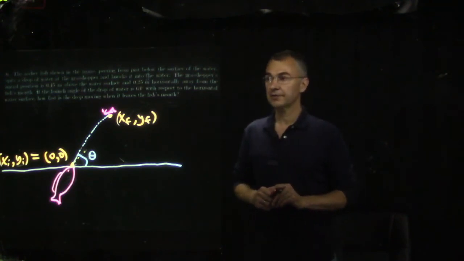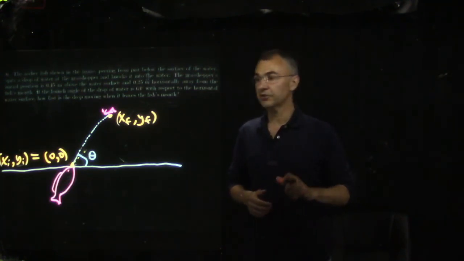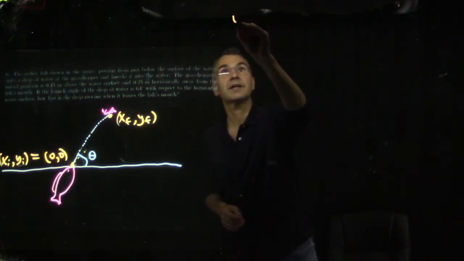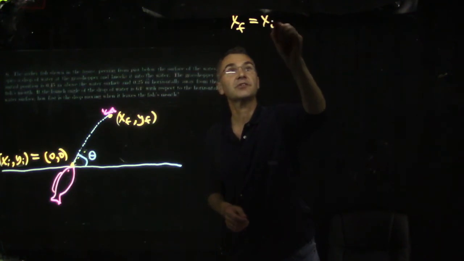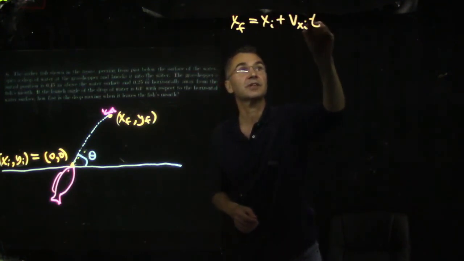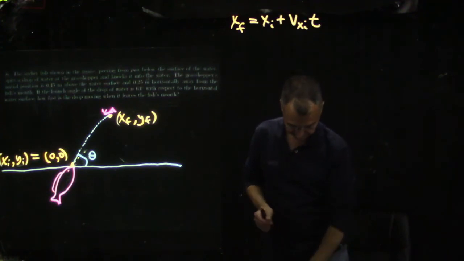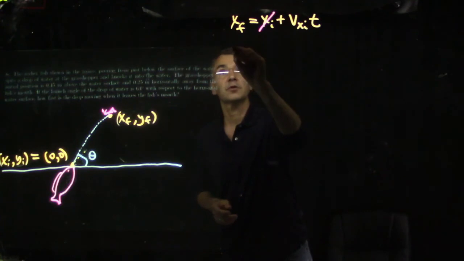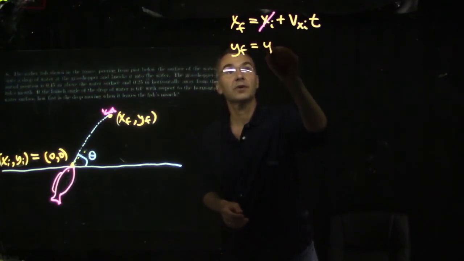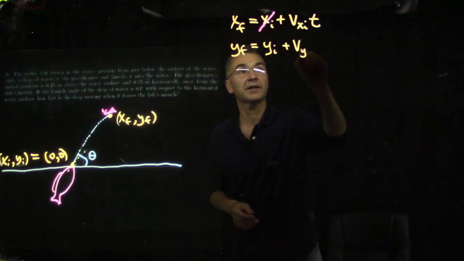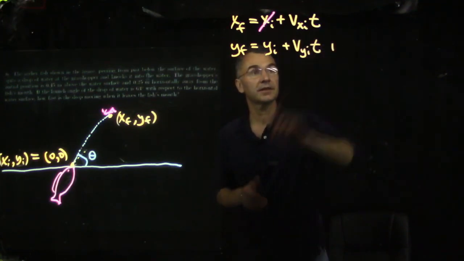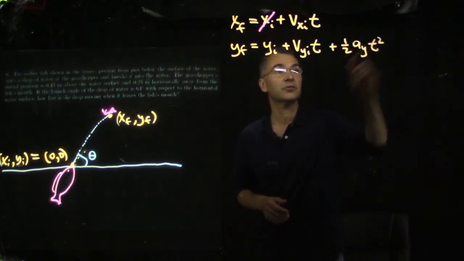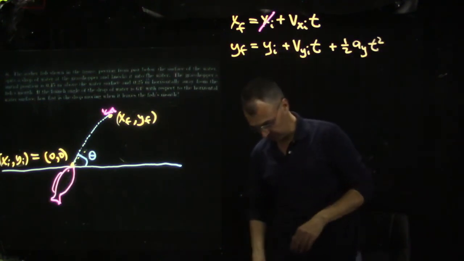So we have the standard equations for projectile motion. That means constant velocity in the x direction. So x final is x initial plus vx initial times time, except that we said x initial was 0. And y final is y initial plus vy initial times time, plus 1/2 a sub y t squared, but we know that a sub y is minus g.